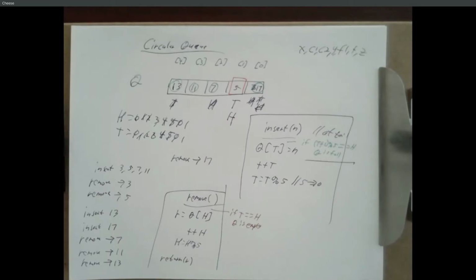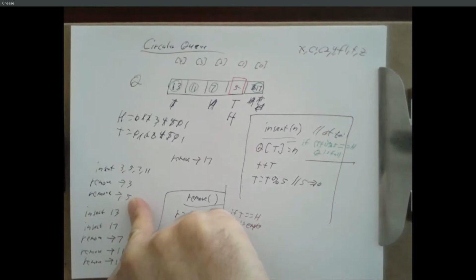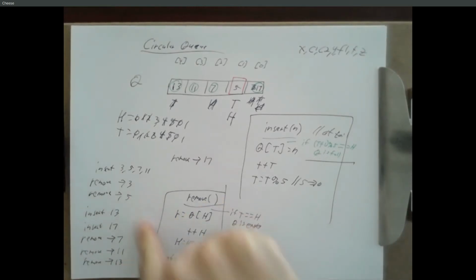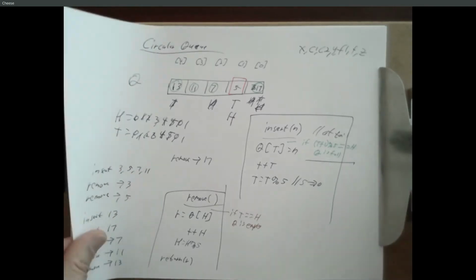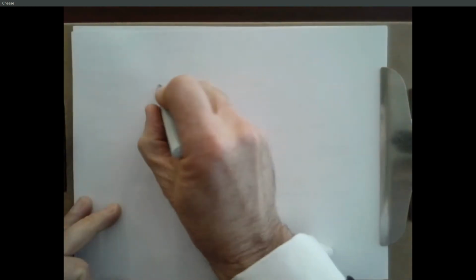Right? No matter what we do, we're not going to read that 5 because we removed that 5 way back here. It's not part of the queue. It's part of the array, but that's different. The array is always this big. The queue could be some little piece of it. And in general, this might be your array.